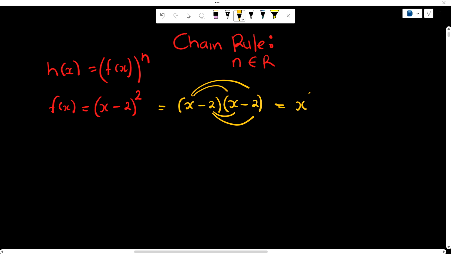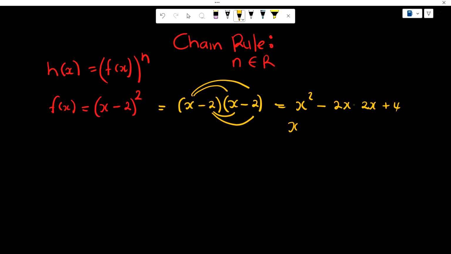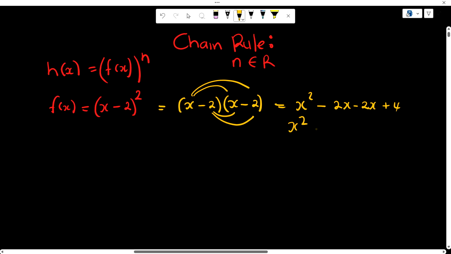I have x squared minus 2x minus 2x plus 4, and hence I have x squared minus 4x plus 4. Thereafter I will go ahead and differentiate this function. It will be easy. I'll have 2x minus 4, using the power rule.